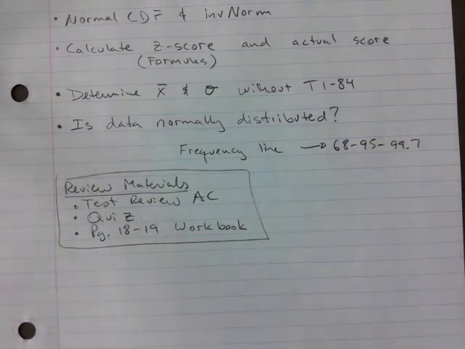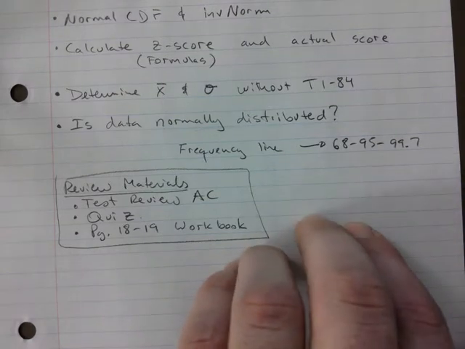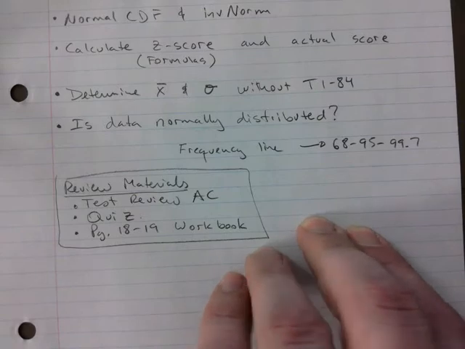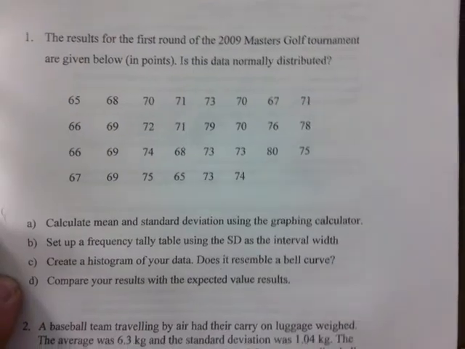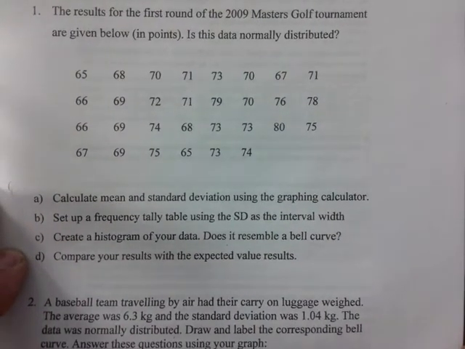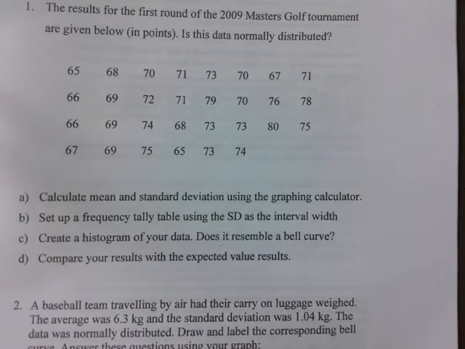Okay, so grab your workbooks, go to page 17. Let's type that in real quick. Those values you see there. And that'll be my grand finale of this wonderful unit we call statistics.